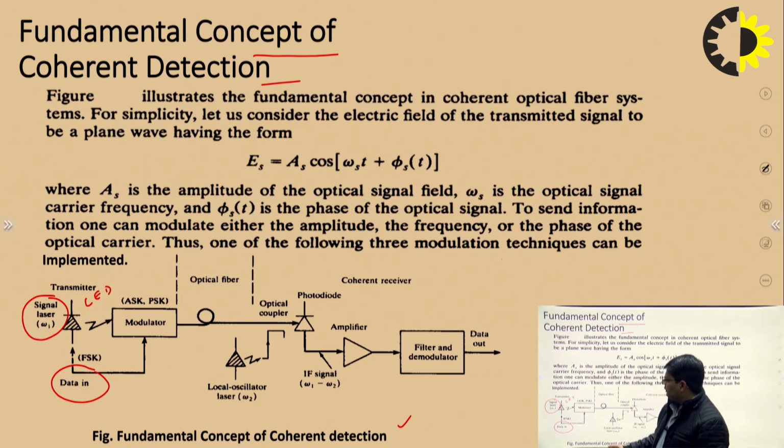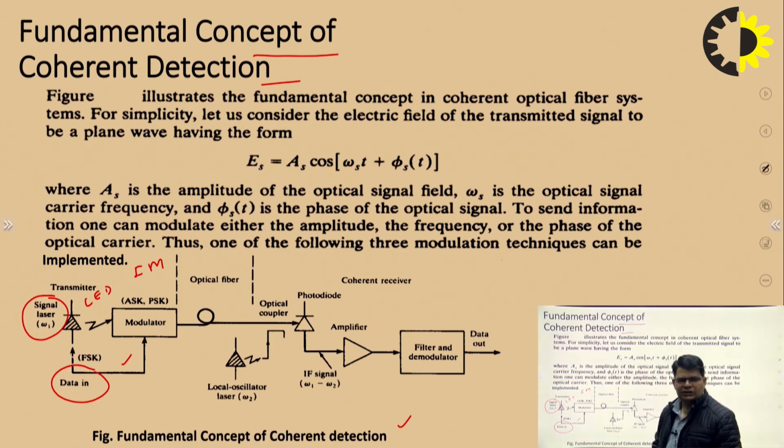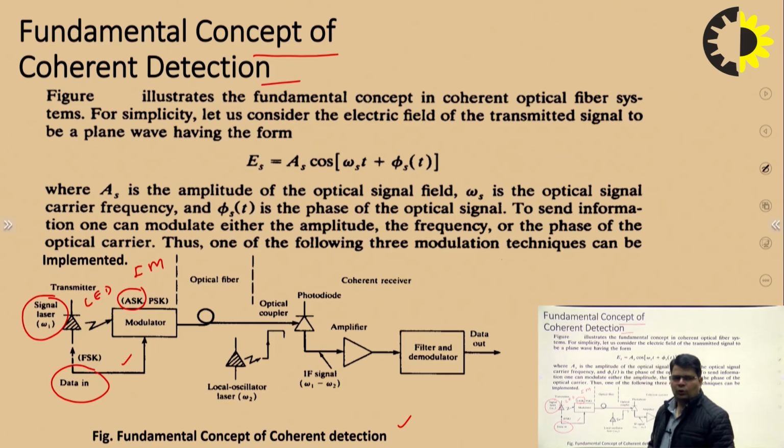Then this carrier signal is modulated with the data signal, that is, characteristics of the carrier signal are modified according to the message signal. One characteristic that we could modify earlier was, for example, intensity. It is called intensity modulation, or can be simply termed ASK or OOK.